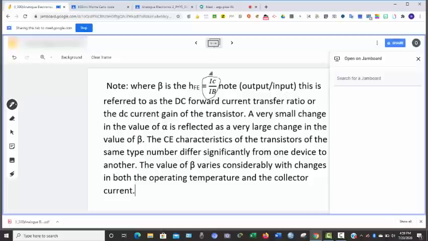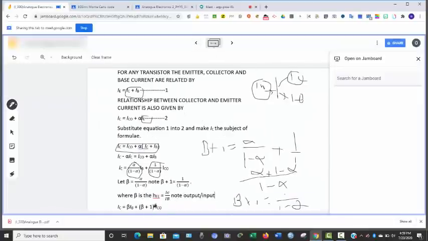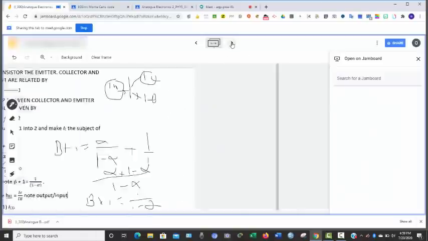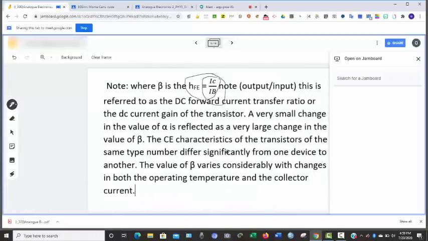And this HFE, if you want to design an amplifier, you will need this HFE or beta, for you to be able to know what will be the gain of the amplifier that you want to design. A very small change in the value of alpha is reflected as a very large change in the value of beta. If we have just a very small change in this alpha, it will give us a very big change in beta.